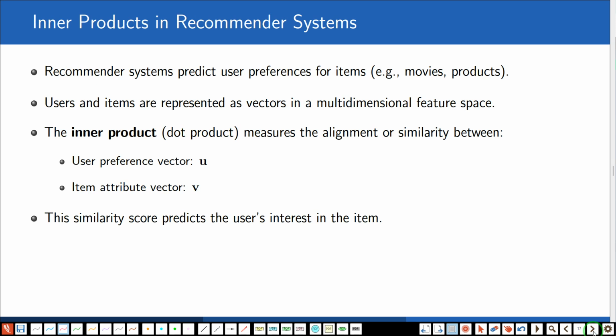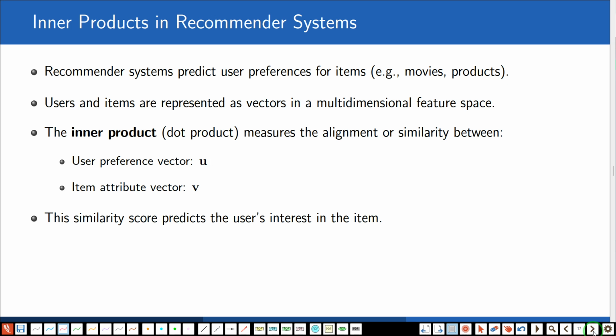And we can use the inner product in recommender systems. Assume that you have a website which sells some products or has some movies or shows, and you want to recommend a new item to the user.